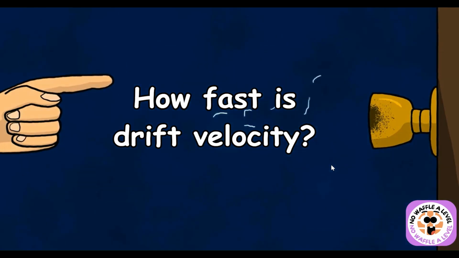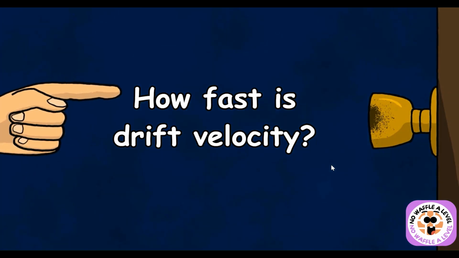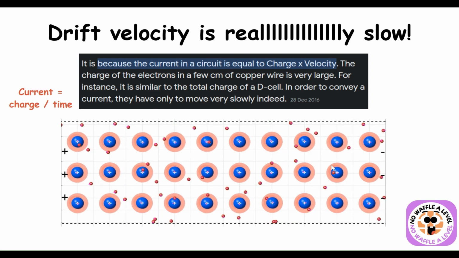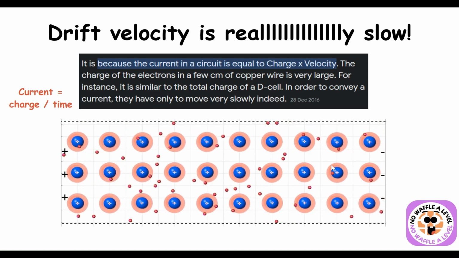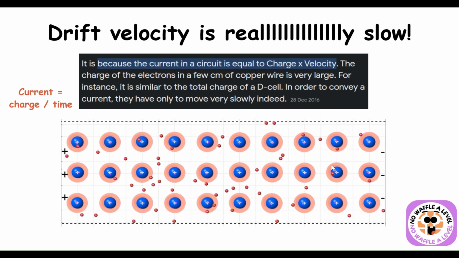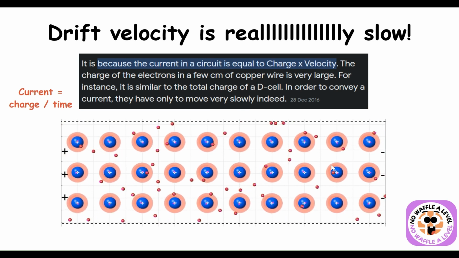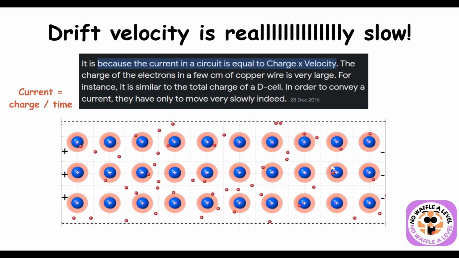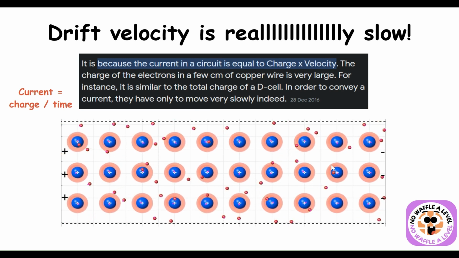Now we'll look at how fast drift velocity is. Drift velocity is really slow. And the reason why is because the current in a circuit is actually equal to the charge times the velocity. So the charge of the electrons in a few centimeters is very large.